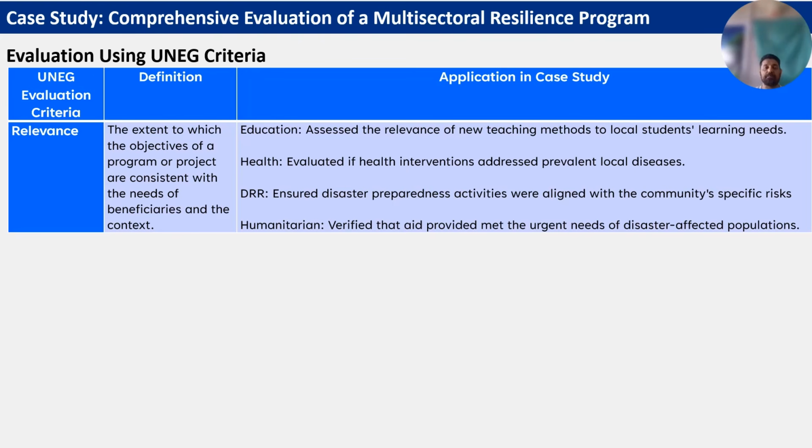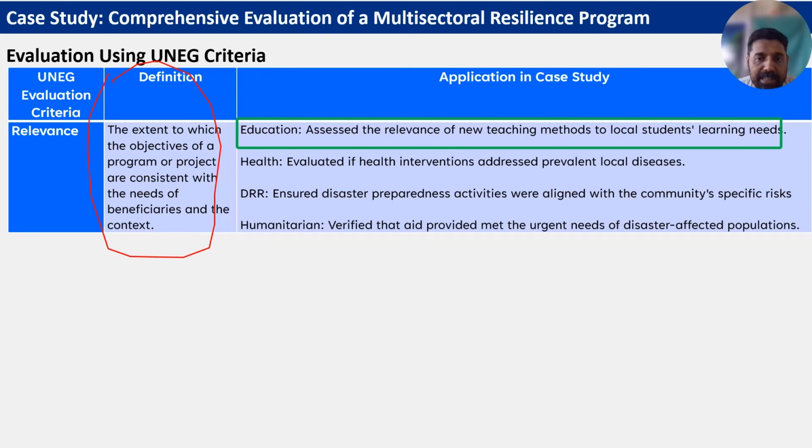Now here you can see relevance. On this part you can see the definition: the extent to which the objectives of the project are consistent with the needs of the beneficiary and context. So in the case study, what was the application? In education, assess the relevance of new teaching methods to local student-led initiatives. Health, evaluate if the health intervention addressed prevalent local disease.